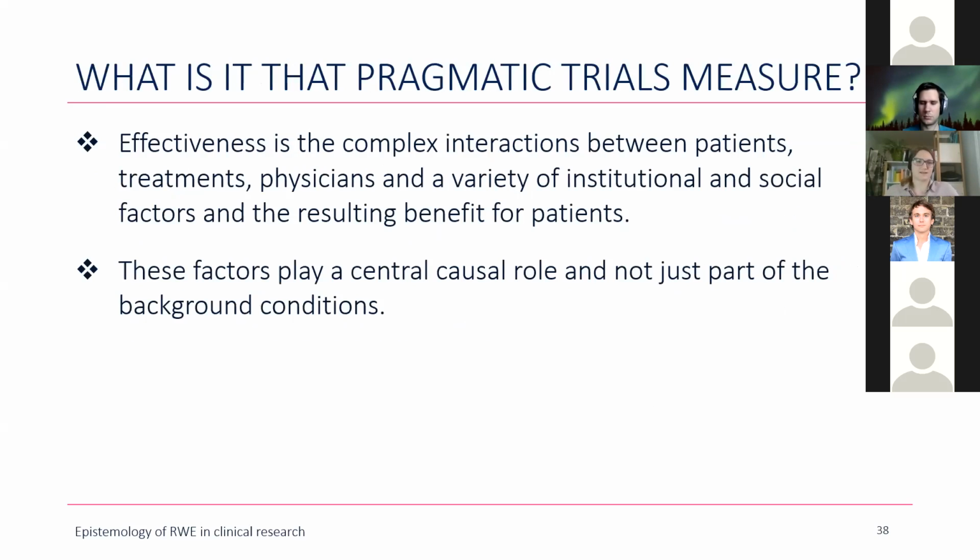Now, what does this suggest for our understanding of effectiveness as measured in pragmatic clinical trials? I think effectiveness here is the complex interactions between patients, treatments, physicians, and social and institutional factors, and the hopefully resulting benefit for patients. And the important point is that these factors play a central causal role and are not just part of the background conditions.